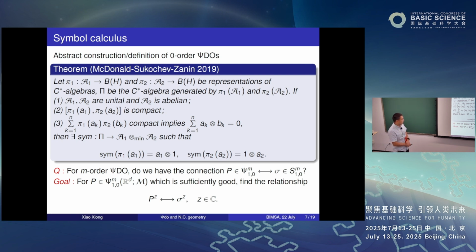At least we hope that if we are given a pseudo differential operator P of order m, then we can do the functional calculus to get the complex power of P. And also we hope the complex power of P is linked to the complex power of the symbol.